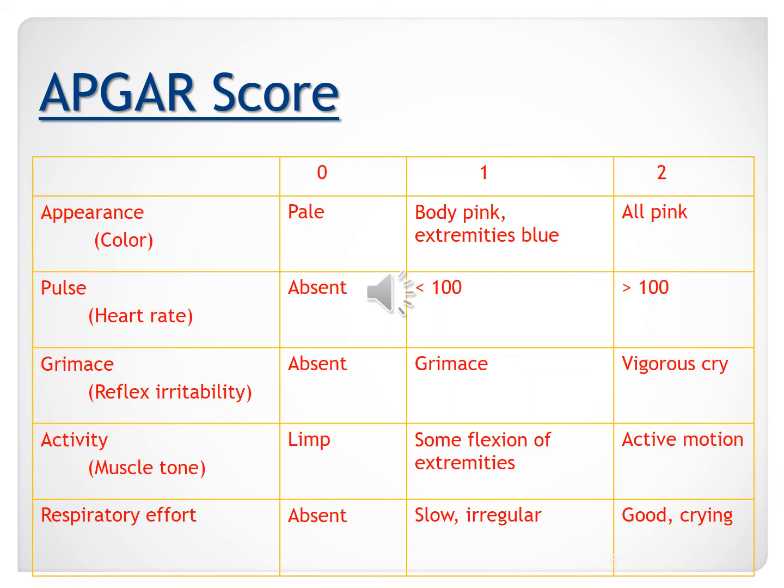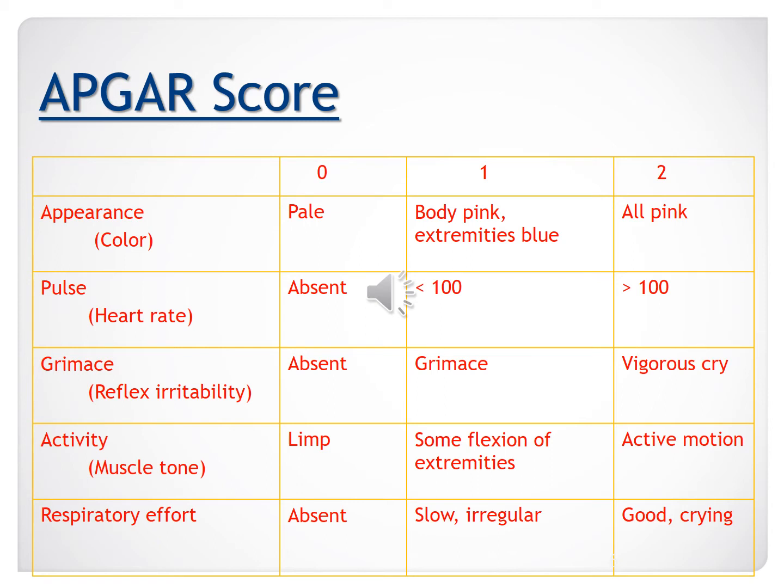What APGAR scores tell us is how the newborn is transitioning to extrauterine life. How is the baby coping with making that transition from being a fetus to a newborn, with all those changes that happen, from the fetal circulation to the newborn circulation, and changes in the role of the lungs, which were non-existent in utero and are now the main source of oxygenation as a newborn.